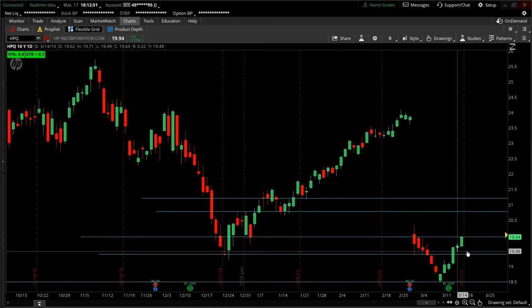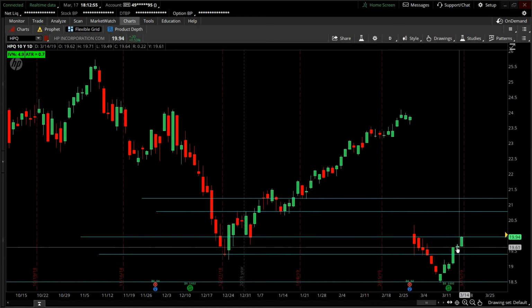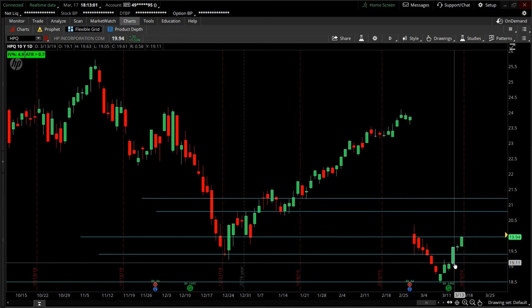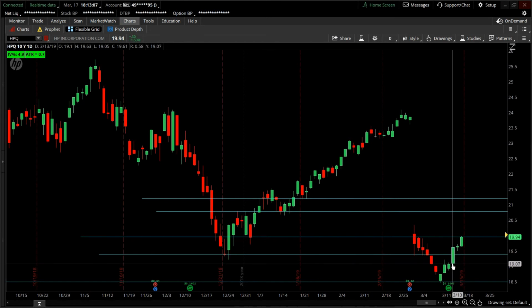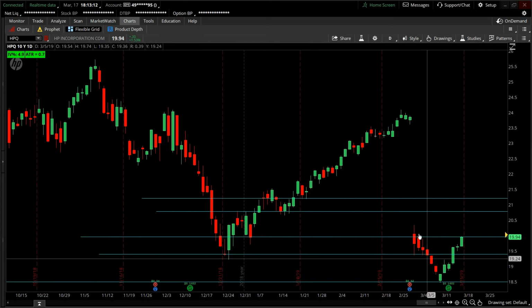Okay, so it's like an average. It doesn't mean it's an exact science, but like this one only moved 5 cents, and this one moved from 1910 to 1960. That's about a 50-cent move right there. So the average of what it's moving is about 70 cents.